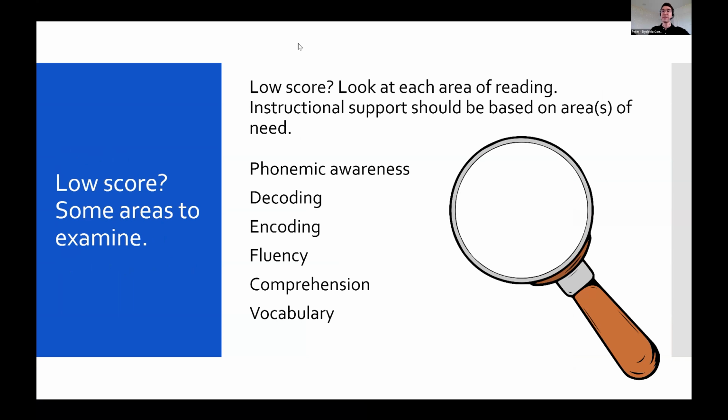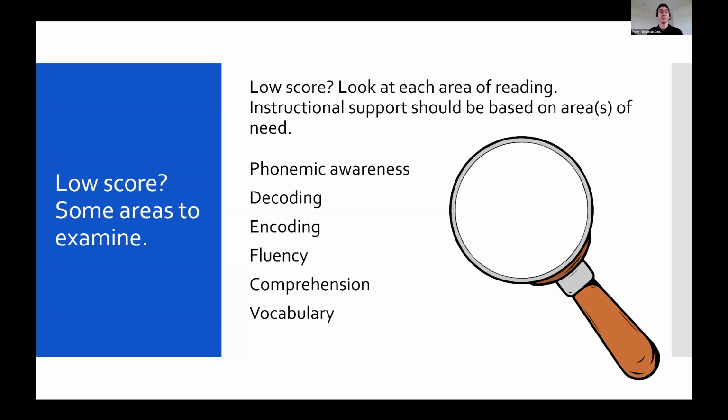If you have a student with a low score on a standardized test, here are some areas to examine. So you'll want to look at each area of reading, and instructional support should be based on areas of need. So first of all, phonemic awareness, and that refers to the letters, letter combinations, and the sounds that those things make in the language.